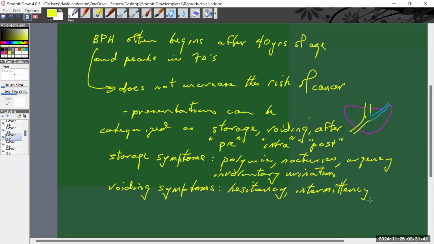Hesitancy is having trouble getting started, and intermittency is that in the midstream, it may cease and then have to start again. Also a weak urinary stream, and possibly some uncontrollable leaking. These symptoms are often accompanied by some bladder pain or pain while urinating, and that we know by now is called dysuria.